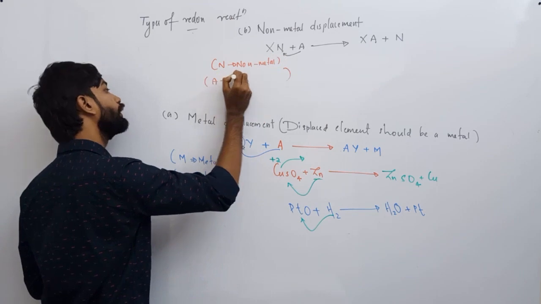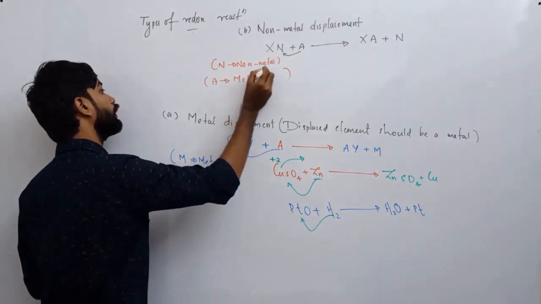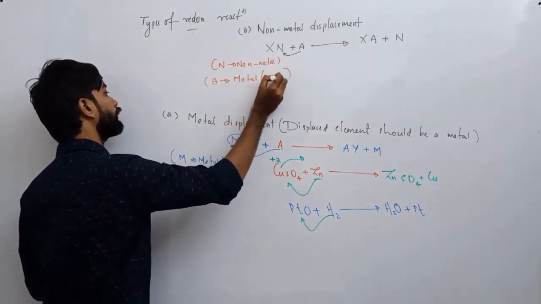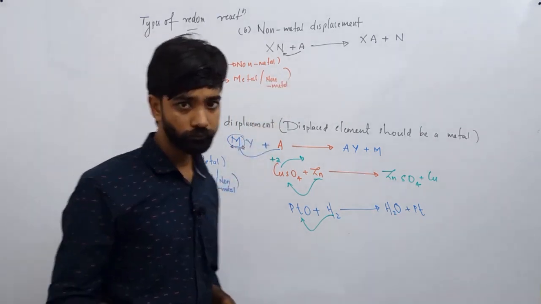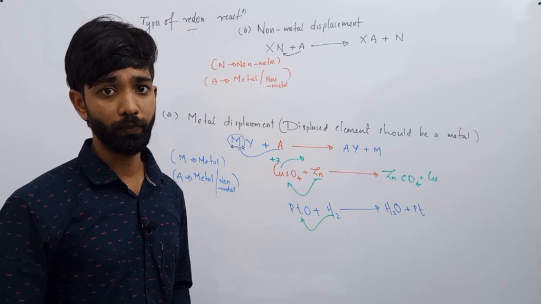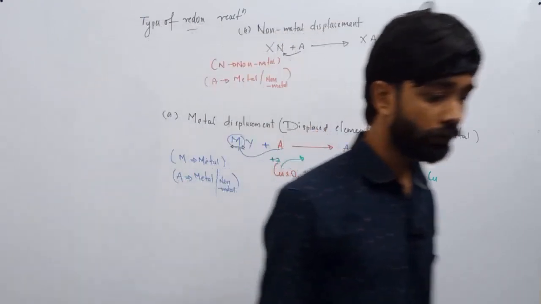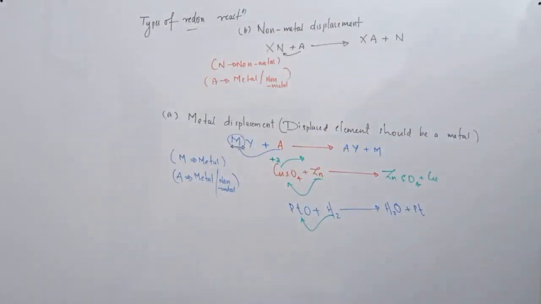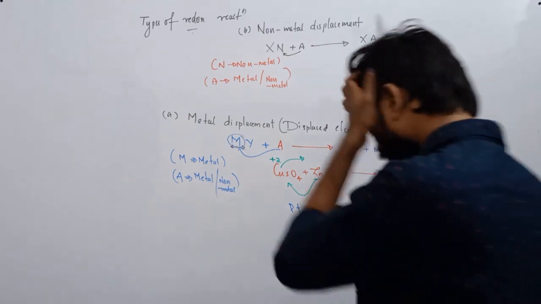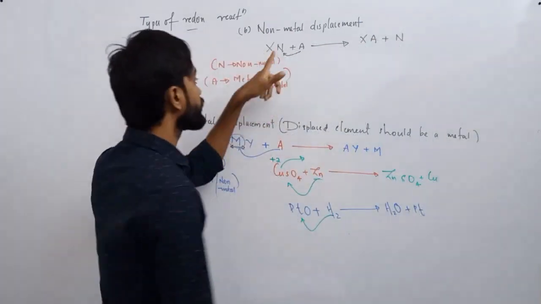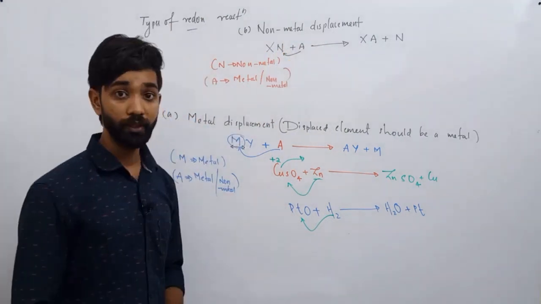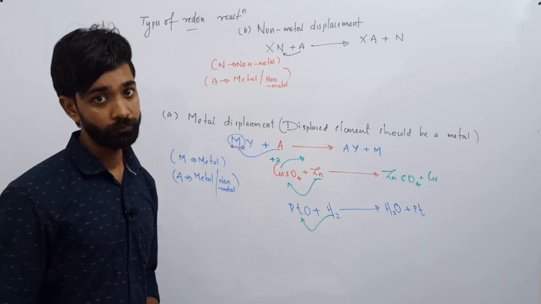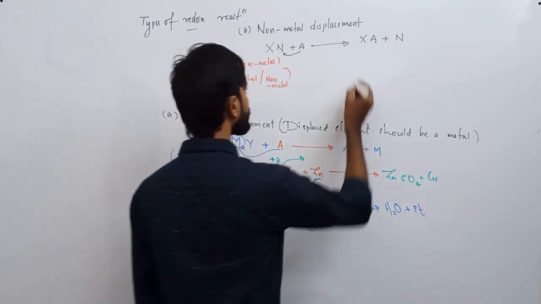A may be metal or non-metal, whatever it may be. So what is the condition for non-metal displacement? The displaced element should be a non-metal, and the displacement can be shown by a metal or non-metal. Ready? I'll give you an example.